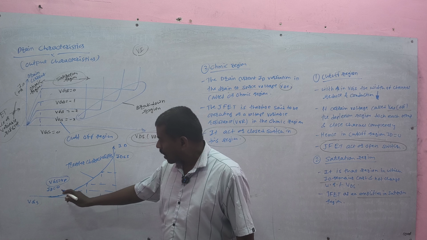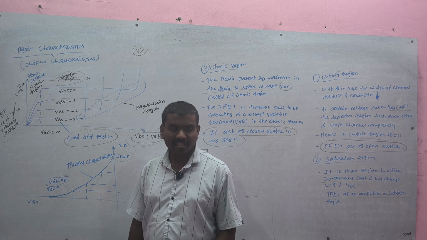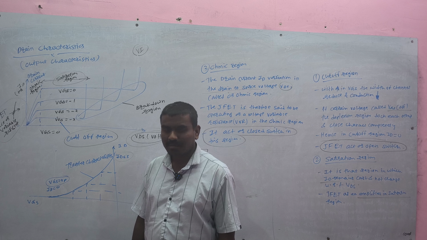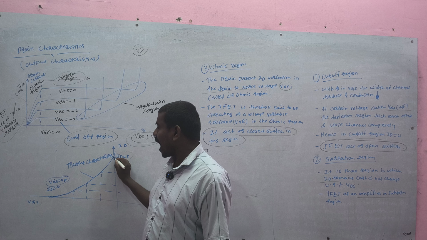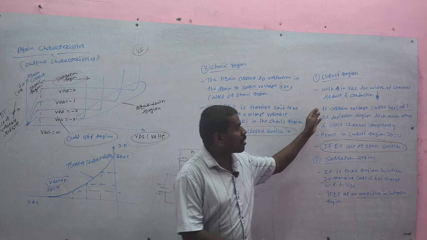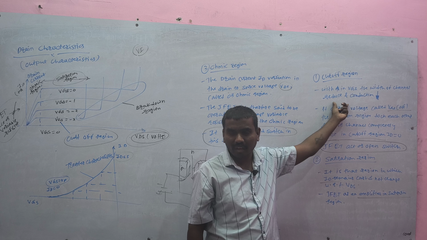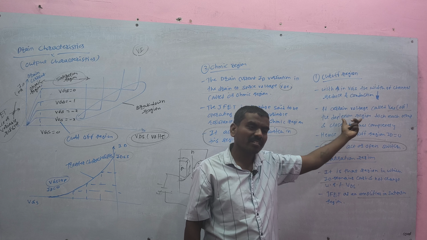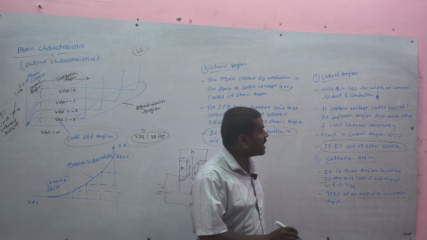See here, initially VGS is maximum, so initially ID is 0, because the depletion regions touch each other and there is no channel. So ID is 0. That ID at VGS equal to 0 is known as IDSS.